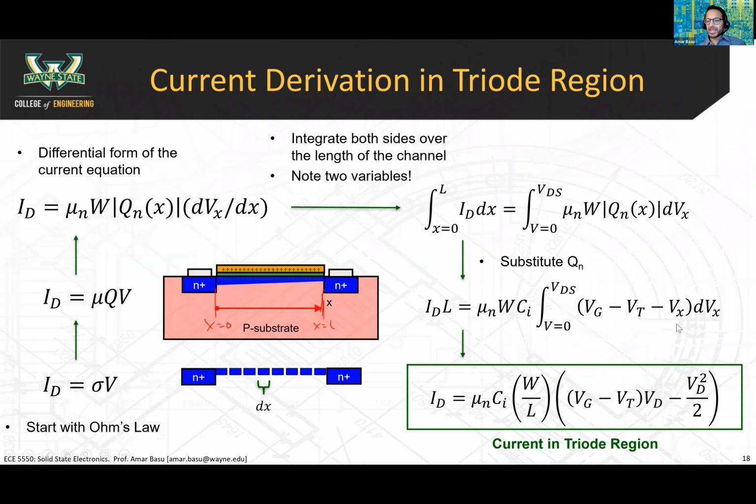And when you integrate a linear function, when you integrate the function x, you get x squared, right? So when you integrate this Vx function, you end up getting a parabolic function, a squared function. And so that's where this term comes from. When you do the definite integral, this VDS is your VD term here. And so that's where that squared term comes from. So you have a linear term and a square term here, both. So this equation describes the current in the triode region.